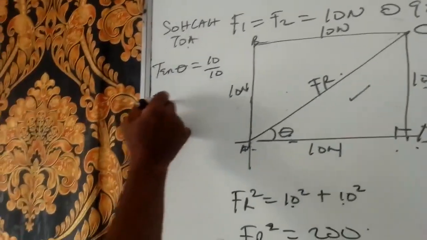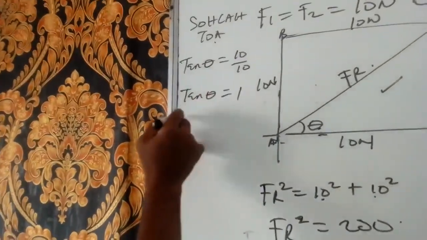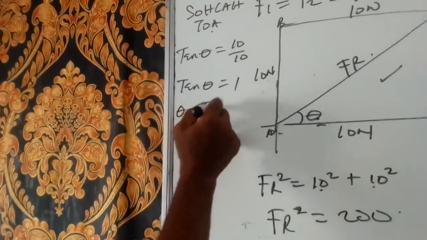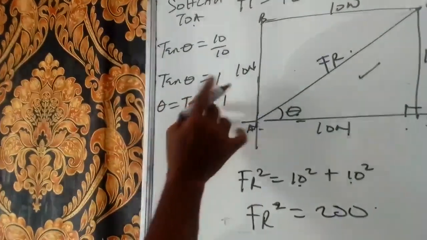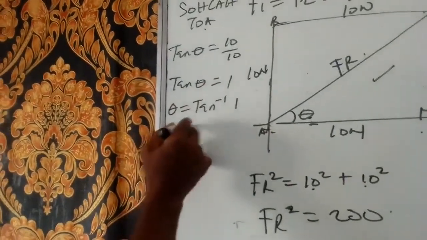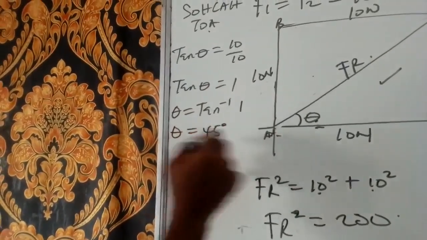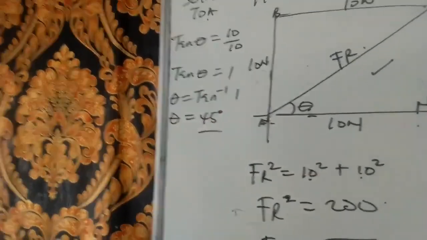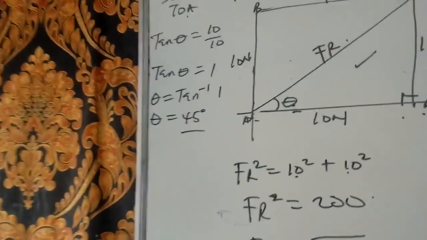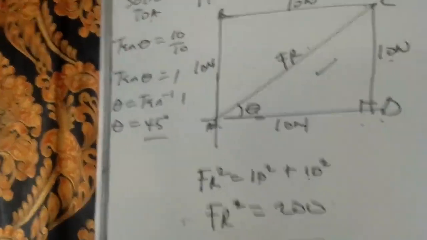Tan theta is 1. So theta now becomes tan inverse of 1. Which angle has its tan as 1? Theta is 45 degrees. The acute angle that has 45 degrees has 1 as its tan value. So it's 45. And then the direction, look at options A and B, they are all carrying 45 each.